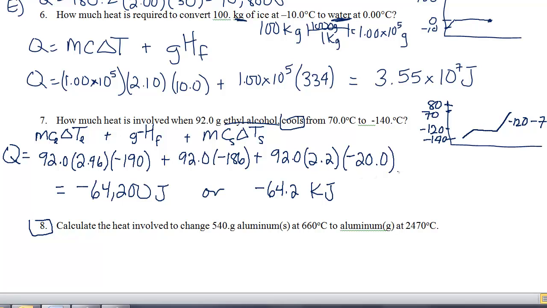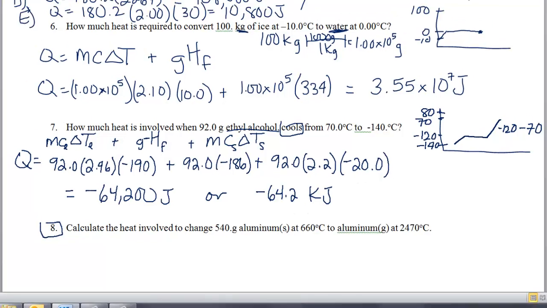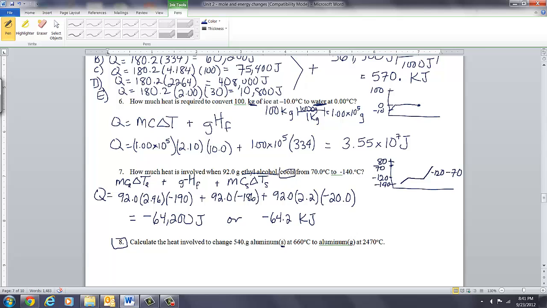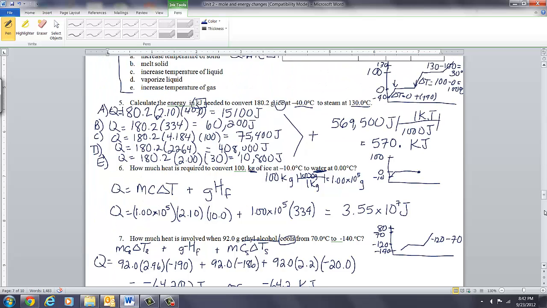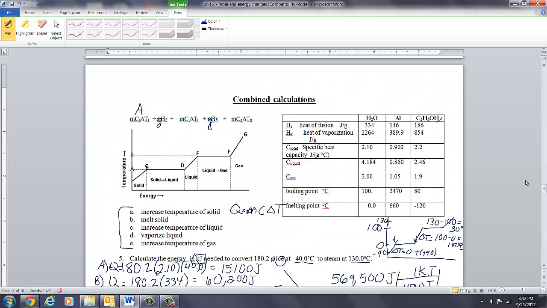Now with number 8, when you're looking at this, be careful. You're starting at the solid, going to a gas, so make sure you pay attention to the states. And there's one other thing I want you to change. When I looked at this heat of vaporization for aluminum, it made absolutely no sense. I just knew that that number wasn't a real number, and that kind of bugged me.